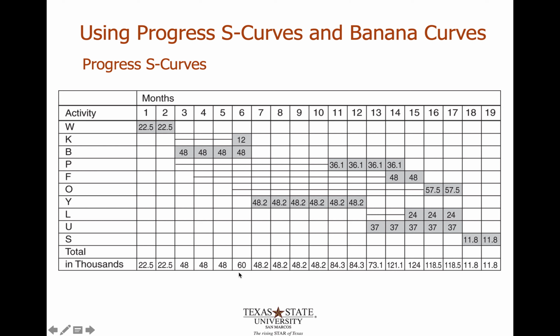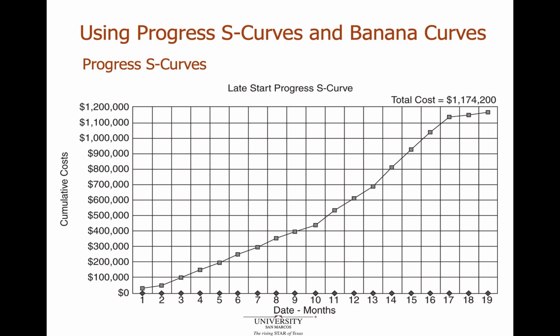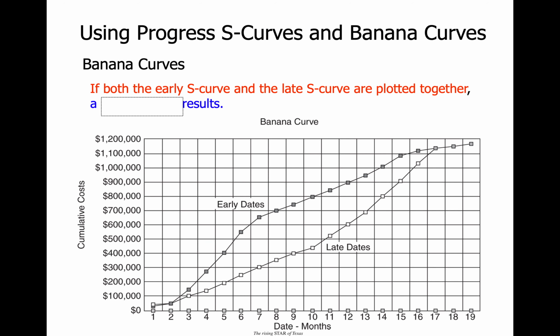Then from here, if we plot the cumulative cost like we did with the S curve, meaning 22 would be our first data point, then 45, then 45 plus 48, and so forth, then we would plot that, and then we plot them together. Here's the first S curve, then here is the bottom part, which we were just trying to plot. Then that creates a sort of banana looking thing where it's closed on the two tips and wider in the middle.